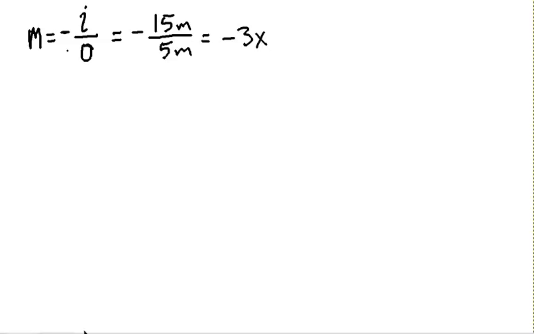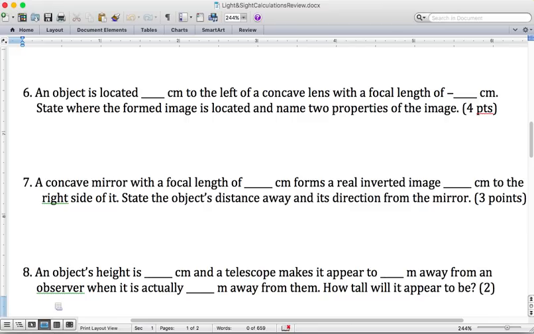Okay, anyways, moving on. So we're not really done with this one. We just found the magnification factor, but the question's worded a little weirdly, so hopefully this review will help you out with it. An object's height is blank centimeters, and a telescope makes it look to be this far away when it's actually this far away.